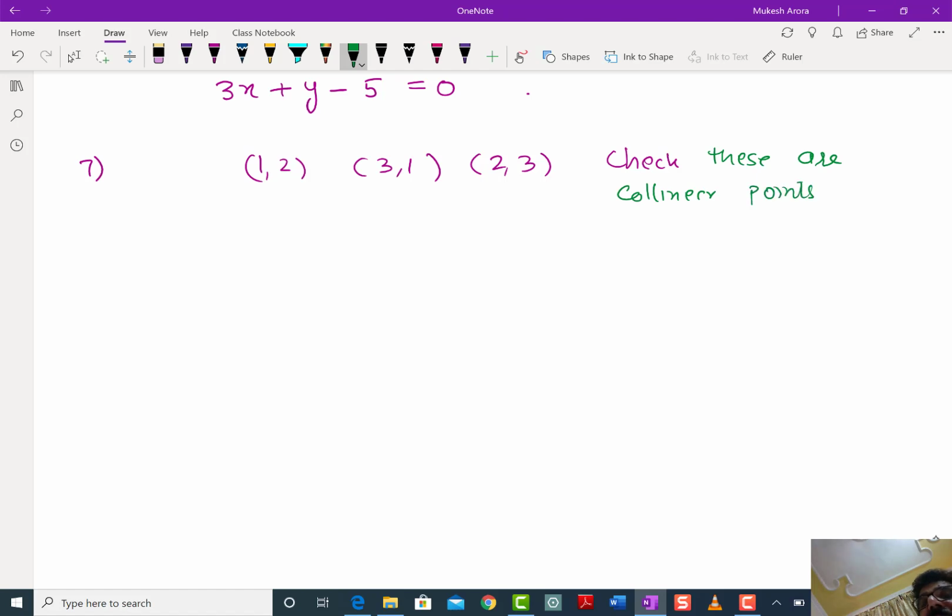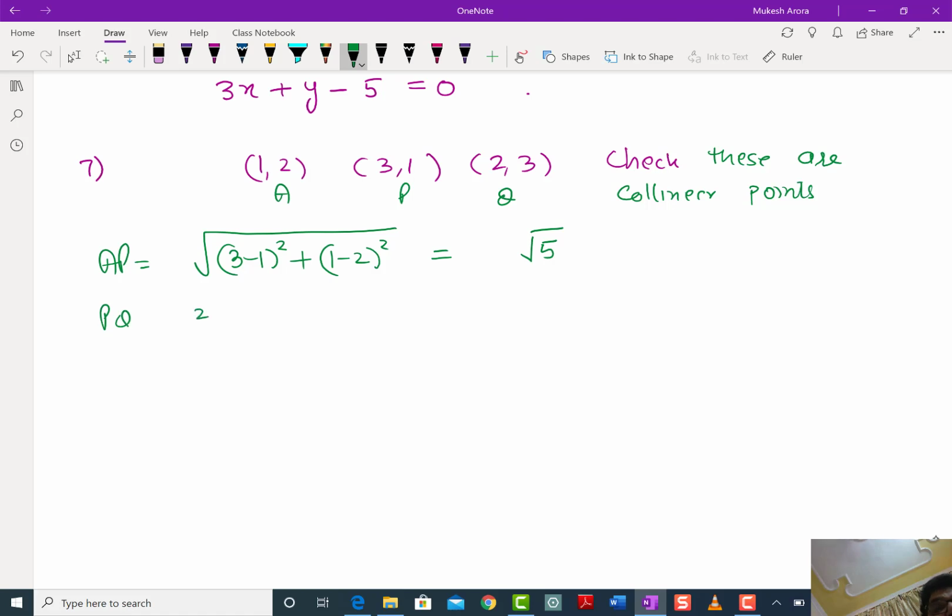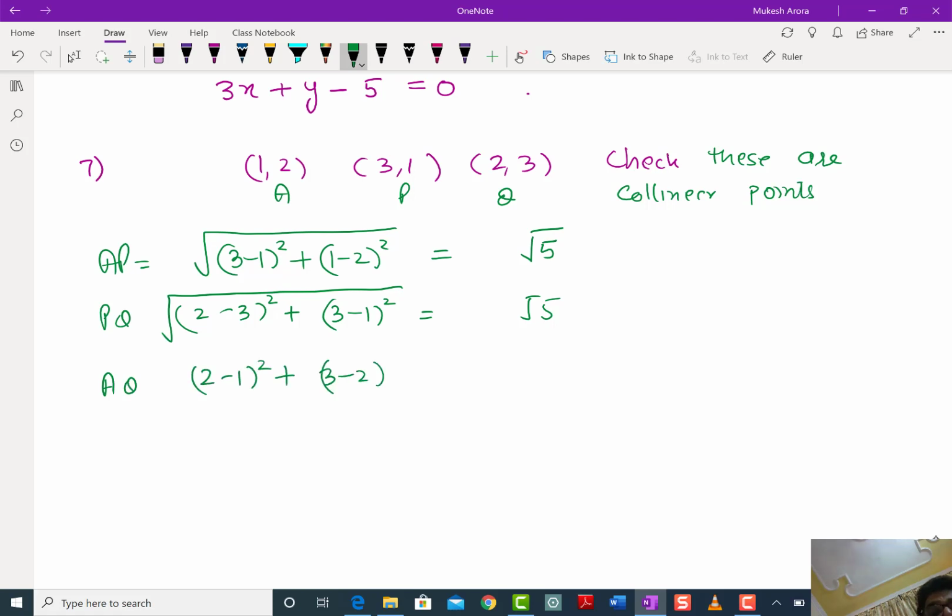So for collinear points we will find A, P, Q. We'll find the distance AP: 3 minus 1 raised to the power 2 plus 1 minus 2 raised to the power 2, this is 4 under root 5. PQ: 2 minus 3 raised to the power 2 plus 3 minus 1 raised to the power 2, this is 1 again under root 5. Then AQ: 2 minus 1 raised to the power 2 plus 3 minus 2 raised to the power 2, this is under root 2.